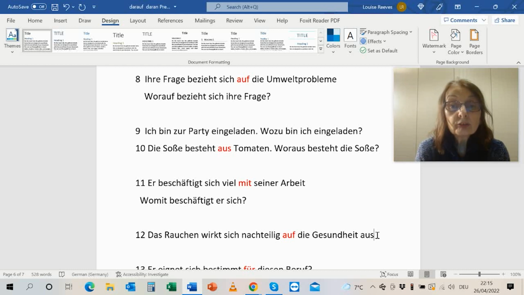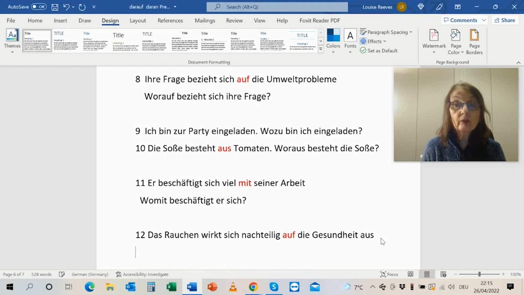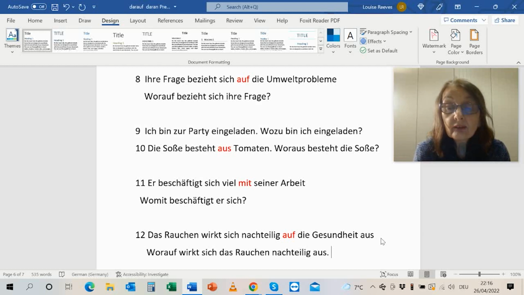What have I got here? I'll start here using this, but I'll qualify with the wo. So, worauf wirkt sich das Rauchen nachteilig aus? What does smoking have a bad effect on? That's about my question mark.